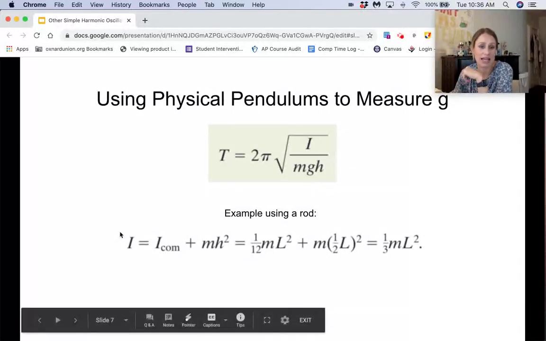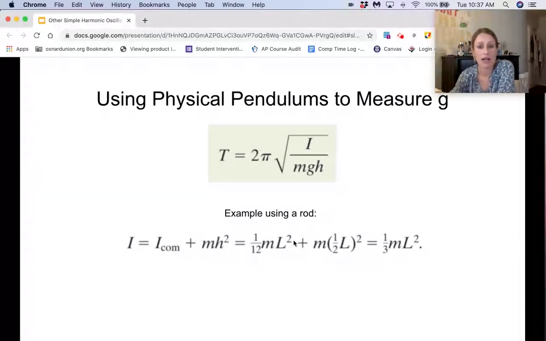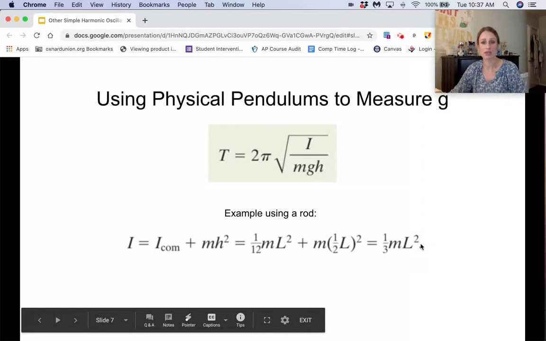And we learned this last unit. For something like a rod, the rotational inertia about the center of mass is 1/12 ml squared, plus mh squared, where h is the distance from the center of mass to the new axis of rotation, which in this case is just 1/2 of the length. We square that, do all the math, and you end up getting 1/3 ml squared.